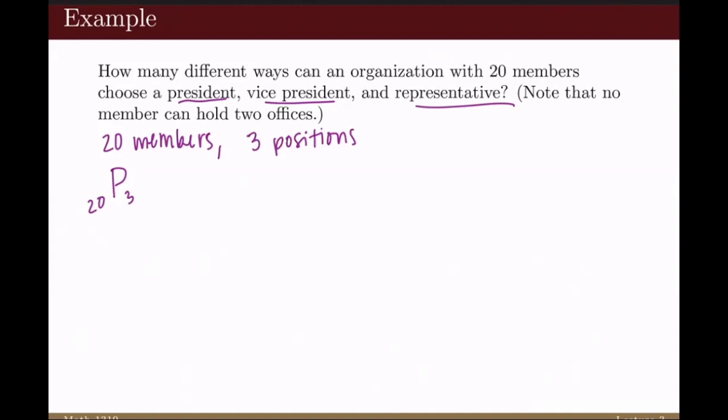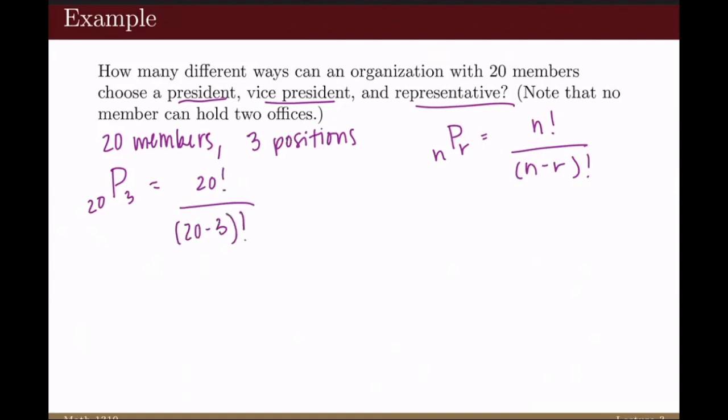So I'm gonna write over here the formula. We're gonna use this formula. So this 20 is in the n spot, so that means I'll have 20 factorial on the top divided by 20 minus 3 factorial on the bottom, which is 20 factorial divided by 17 factorial.